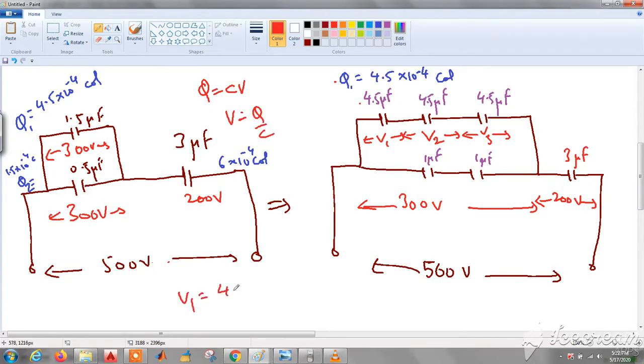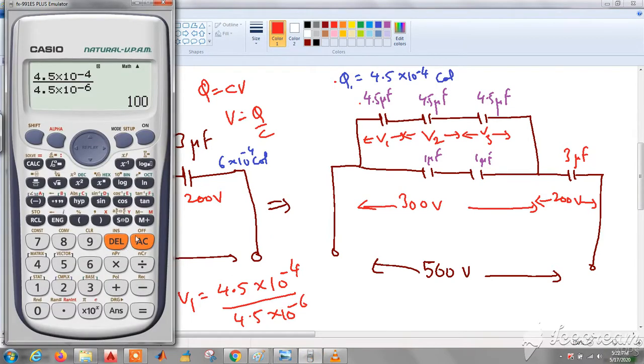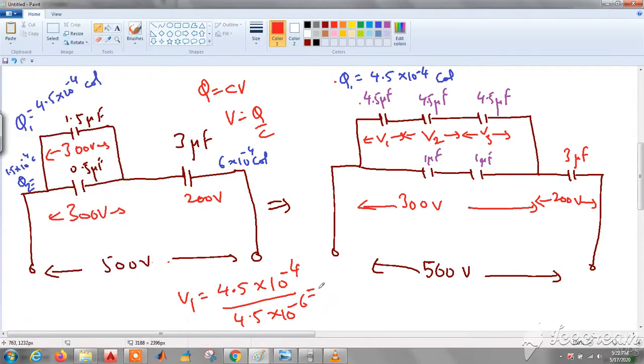What is Q? 4.5 into 10 power minus 4 coulombs divided by C, which is 4.5 microfarad, that is 10 power minus 6. Now let us calculate it. So we are getting 100 volts. Across each of these 4.5 microfarad capacitors, we will get 100 volts.